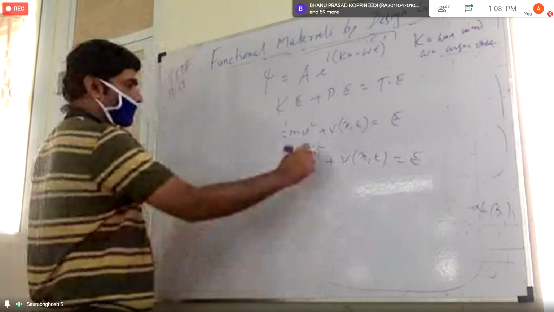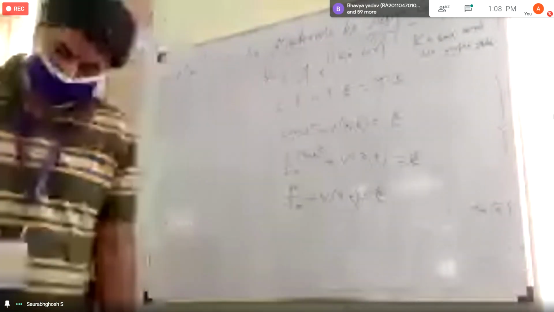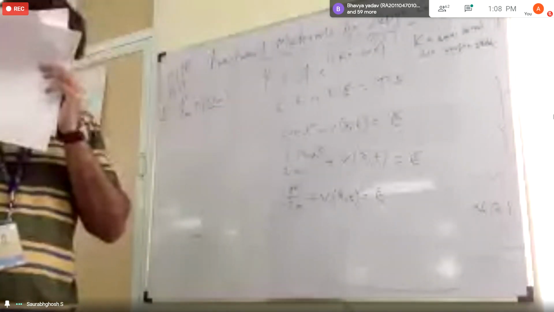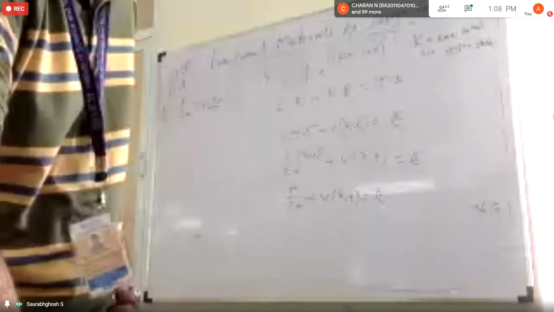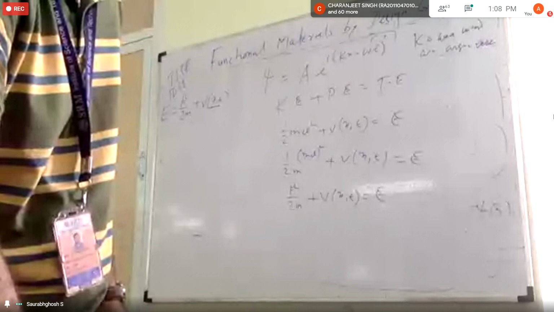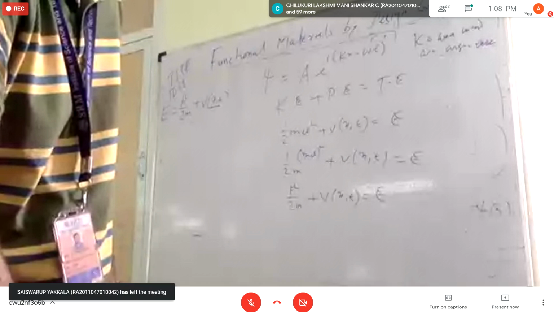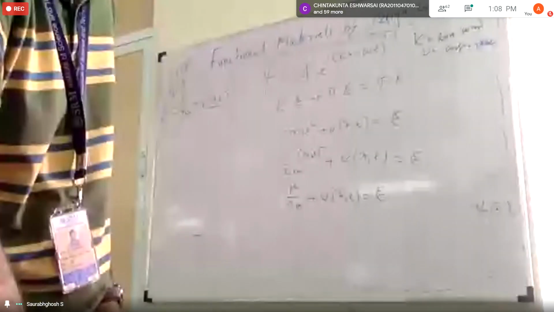Excuse me, So sir. suppose we consider a system electron in a hydrogen problem. Sir, your video is lagging. The video is lagging, sir. It is lagging. Yes, sir. And now the board is not clear. Board is not clear. Hello? Now it's clear?